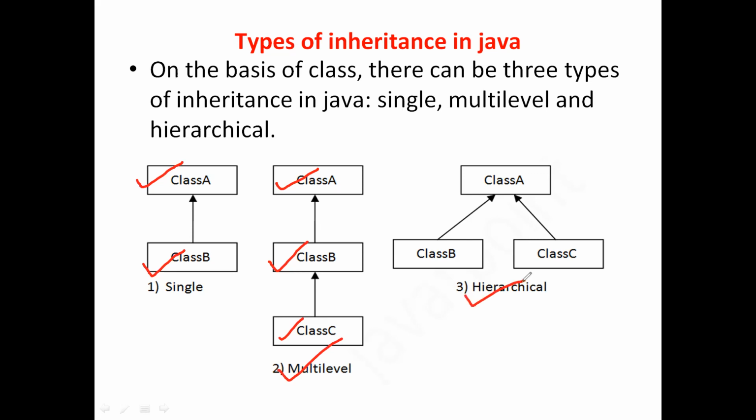In hierarchical inheritance, class B extends properties from class A, and class C also extends properties from class A. This is hierarchical inheritance. Java supports single inheritance, multi-level inheritance, and hierarchical inheritance.